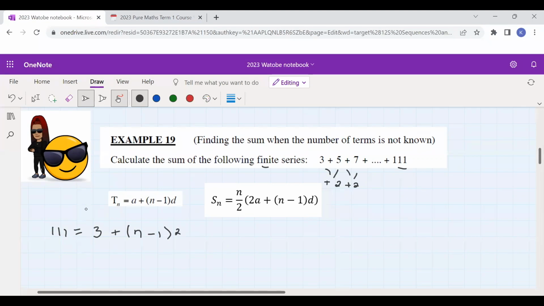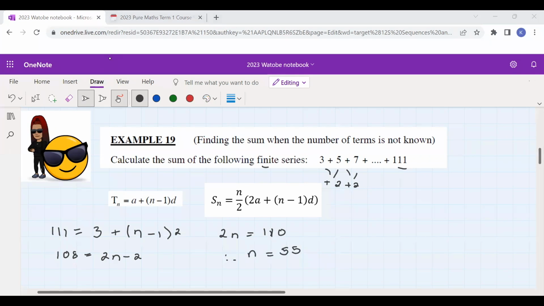So this 3 is going to go over. We're going to have 108 is equal to 2n minus 2. And 2n is going to equal 110. Therefore, n will be 55.